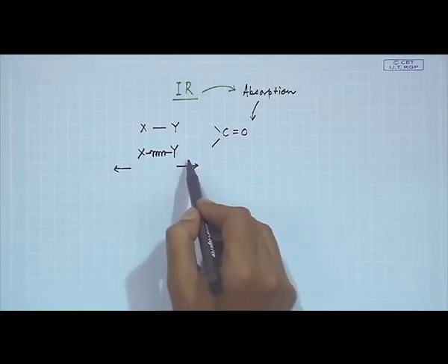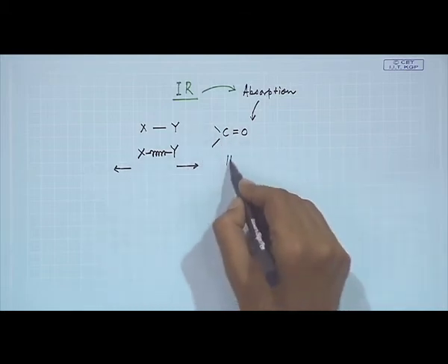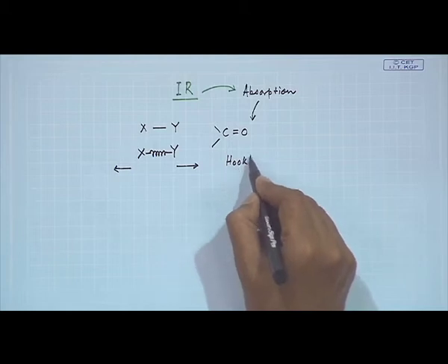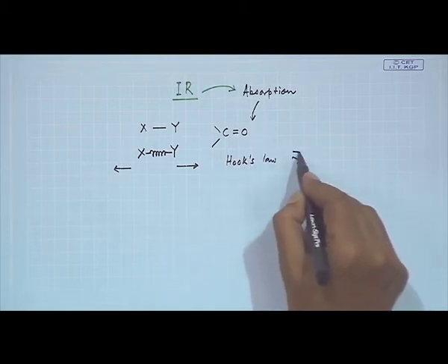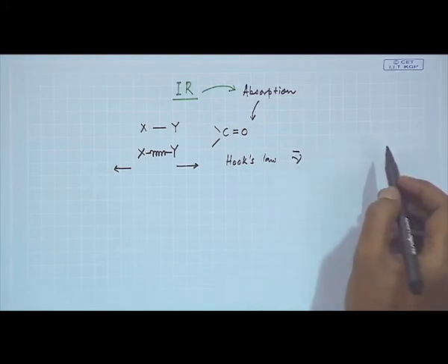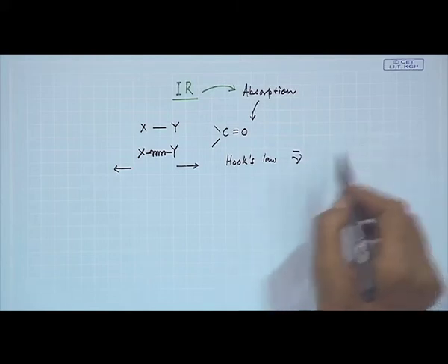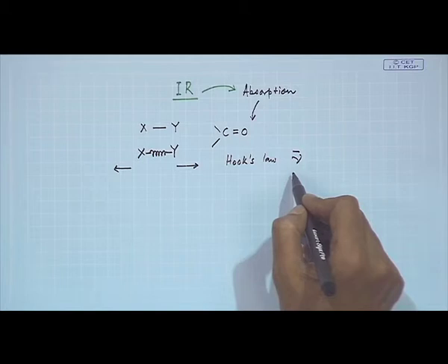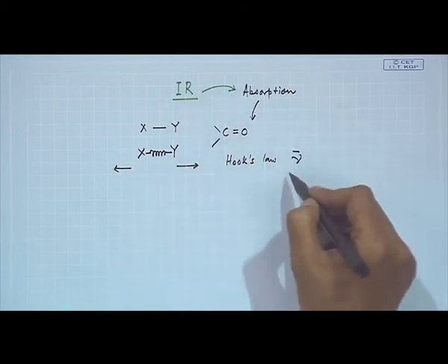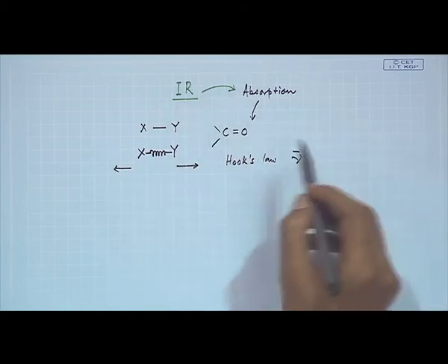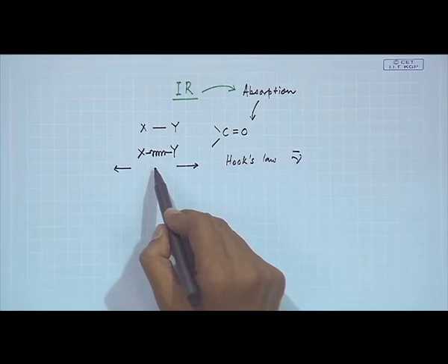By Hooke's law we can find out something which we call nu bar, or the wave number unit. So, it has a particular wave number unit which we can correlate with that of the IR radiation, and it is the corresponding matching radiation which can be absorbed by this particular molecular species XY.